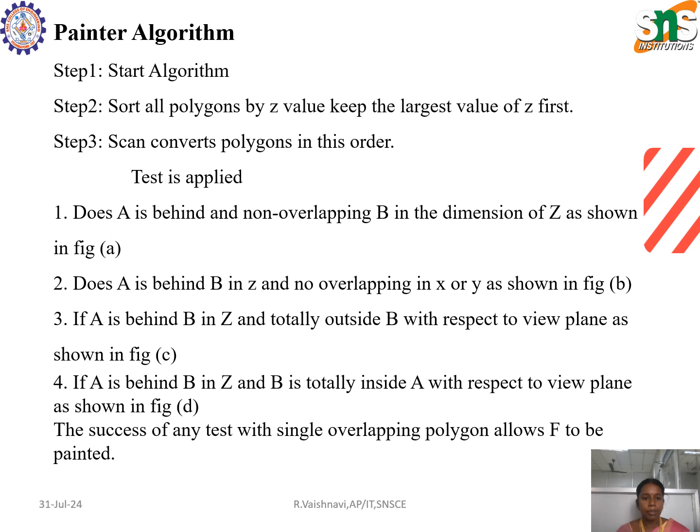Test is applied. First point, is A behind and non-overlapping B in the dimension of z, as shown in figure A. Second one, is A behind B in Z and no overlapping in X or Y, as shown in figure B. If A is behind B in Z and totally outside B with respect to the view plane, as shown in figure C. If A is behind B in Z and B is totally inside A with respect to the view plane.